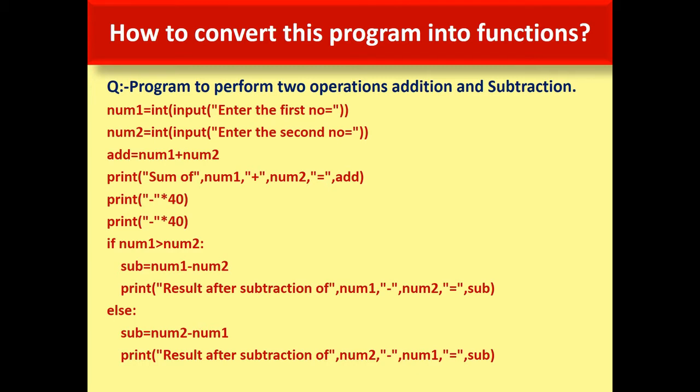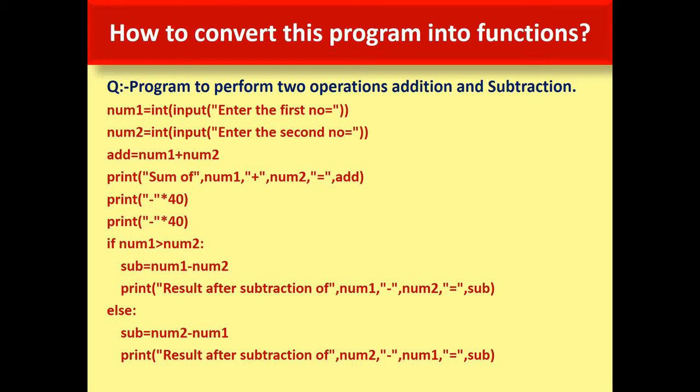and this program is based on the idea that we are supposed to add two numbers and subtract those two numbers. This is a program. I hope this program is understood by you all, because we have already done this in the plus 1 class.